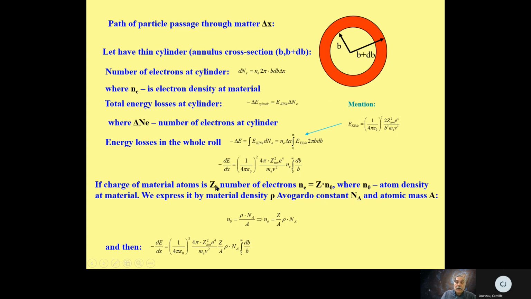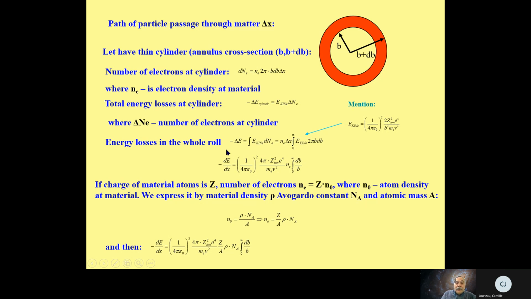It is possible to calculate using the atom density of the material and atomic number. And the atom density is possible to obtain from the material density, Avogadro constant, and atomic mass. That's a known formula. It is possible to put this number of electrons here, and you will obtain this.